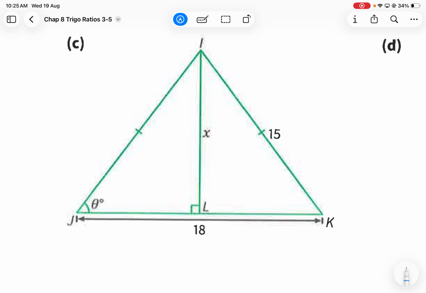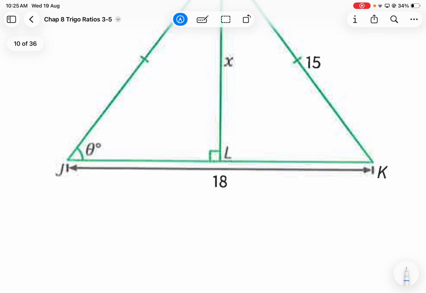Then this vertical line is like a mirror already. So this vertical line will also divide my j and k into 2 equal half. It will become 9 and 9.